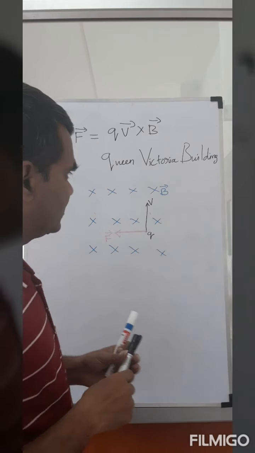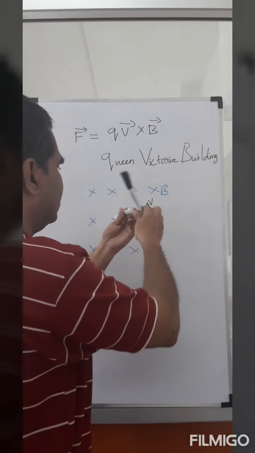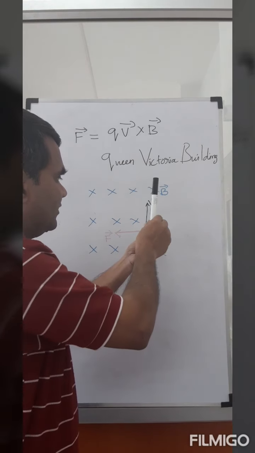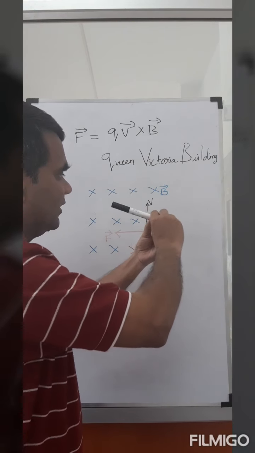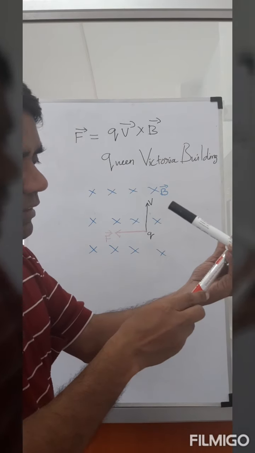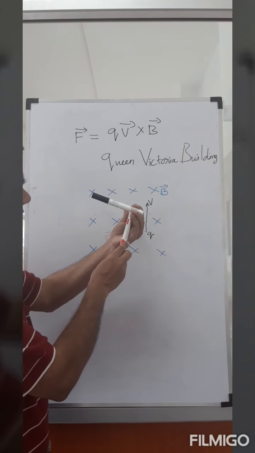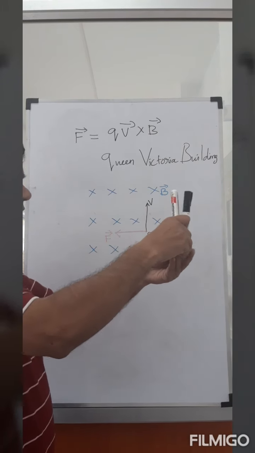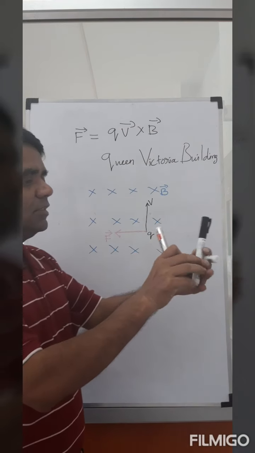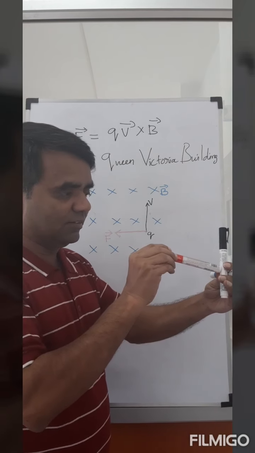So then what happens is that as it turns, F will be in this way. Suppose instead of V being like this, it is turned like that, then the force would be 90 degrees to both of them. Note that the force direction changes now. Previously, when V was vertical, the force was like this.